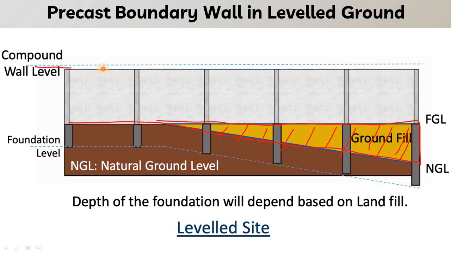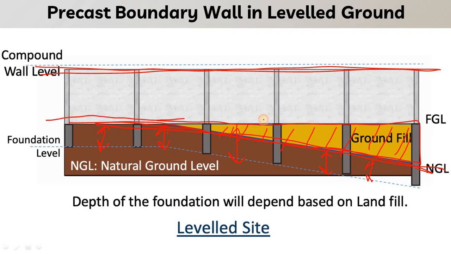Here you can see the top level of the precast boundary wall remains the same, whereas the depth of the foundation changes with reference to the natural ground level. This was the natural ground level, so we have to consider the foundation below natural ground level, and the total height will be increased, and in future the ground fill or finished ground level will be equal throughout. So this is known as the level site.